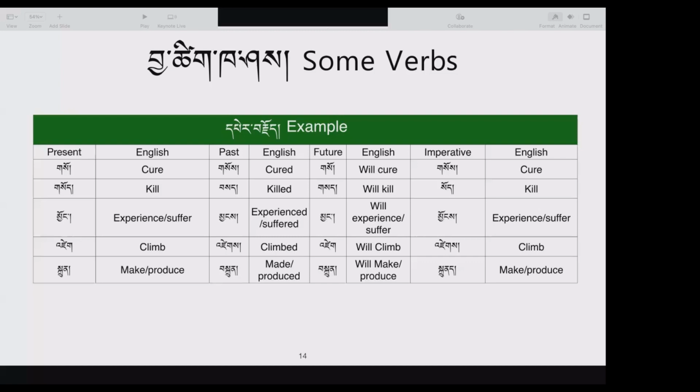Nyang: will experience or will suffer. Nyong: commanding someone to experience or to suffer. Zek: climb. Zek: climbed. Zek: will climb. Zek: commanding someone to climb.